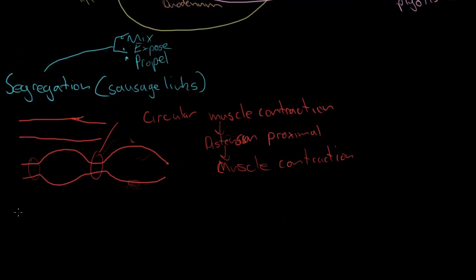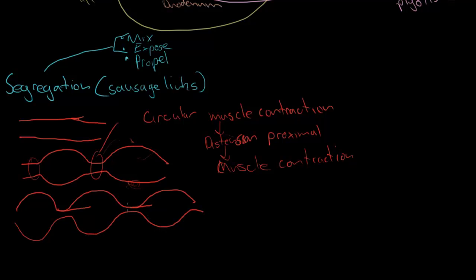So this will look like this, which is a bit messy, I apologize. I'm not the best drawer, especially when it's in real time. So you can see it alternates.